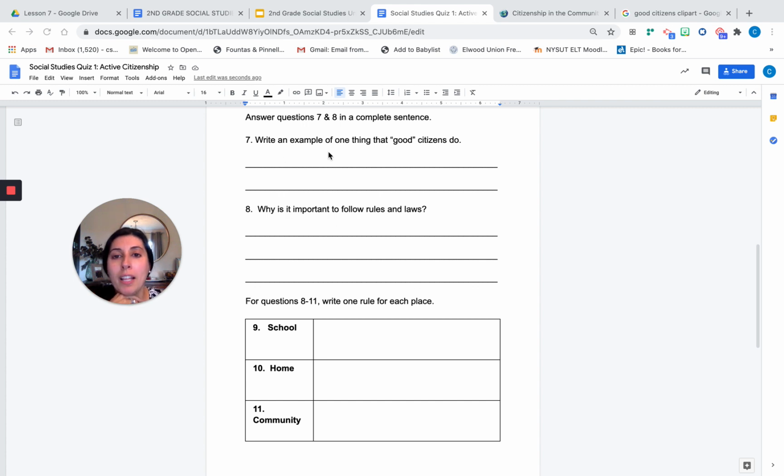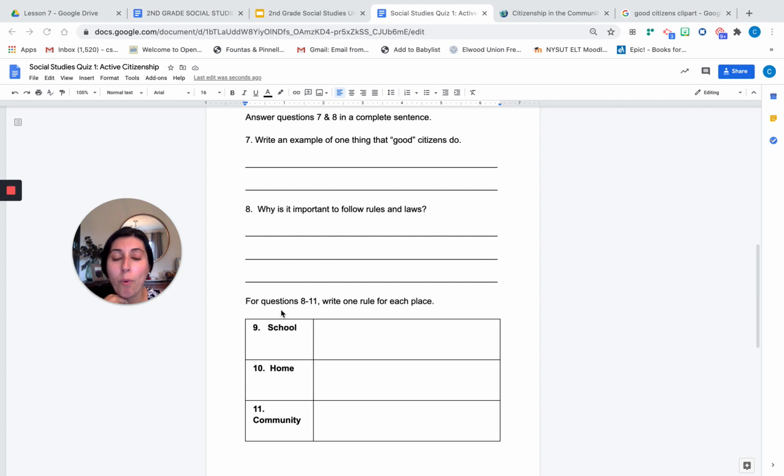So it says, write an example of one thing that good citizens do. So you'll say, good citizens, and you'll give an example of something that a good citizen does. Number 8 says, why is it important to follow rules and laws? So you're going to give your reasons for why it's important to follow rules and laws.